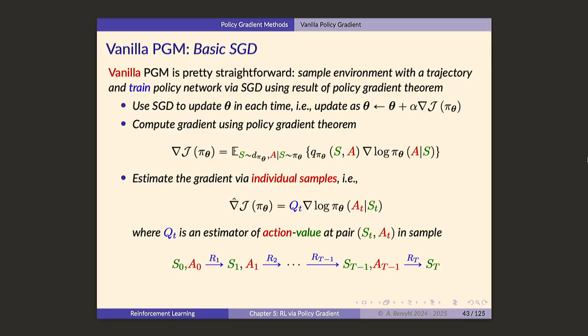Okay. So you remember the Gaussian example, right? We said that pi theta of one particular action A given a state S.